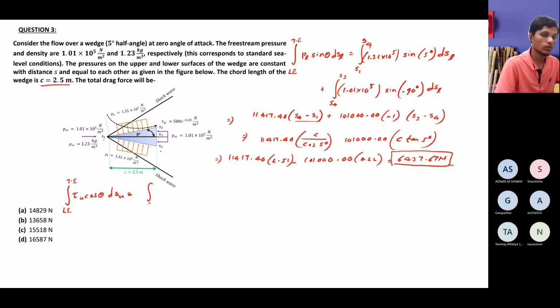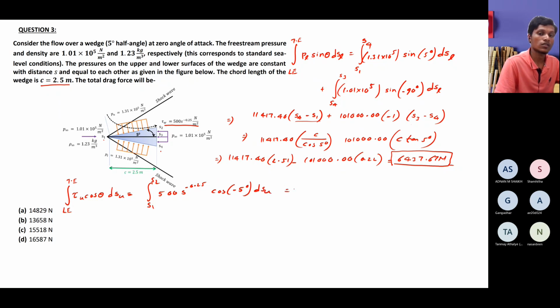So that will give you the integral from S1 to S2 of 500 s to the power minus 0.25, written here from the equation. As along the wedge the shear stress is decreasing, that's what we are writing here. Then the cos of minus 5 degrees dsu.